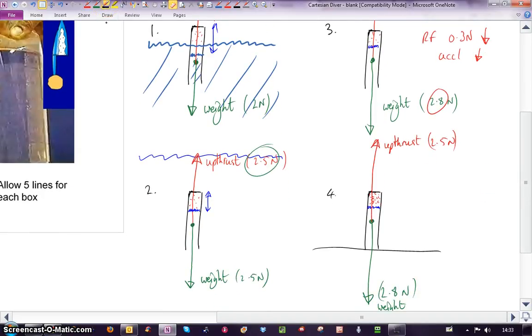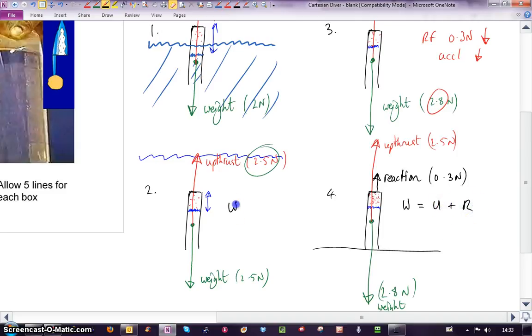And I'm going to draw this one in black. In fact, I'm not going to add it there because it gets in the way of the other diagram. I'm going to add it here, and this one is called the reaction force, and it would be a value of 0.3 newtons, such that weight equals upthrust plus reaction.